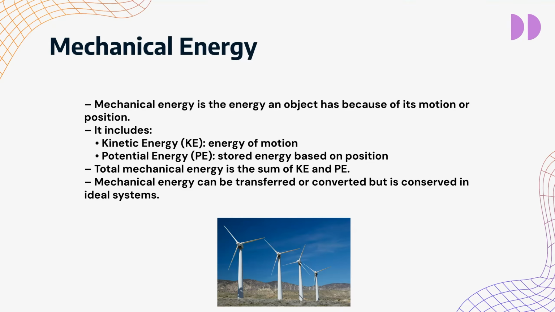Like bringing something up gives it the potential to fall, which releases its potential energy into kinetic energy. Total mechanical energy is the sum of kinetic energy and potential energy. And mechanical energy can be transferred or converted, but is conserved in ideal systems.